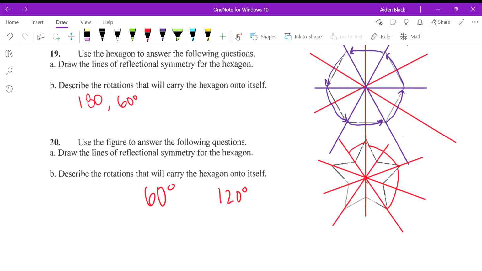We can rotate this. What would this be? That's 180, and this is 1, 2, 3, 4, 5. So 2/5 of 180 as well.